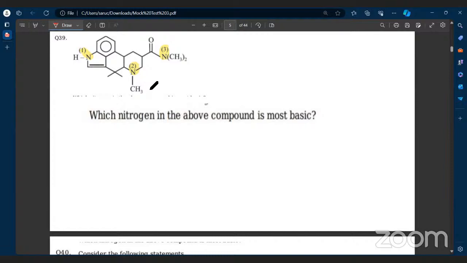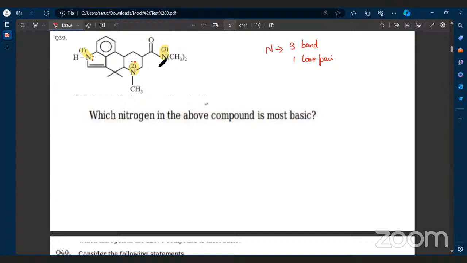It is because you can see this nitrogen will have a lone pair. We know that for nitrogen, you can have 3 bonding electrons and 1 lone pair. So you have 1 lone pair over here, here too you have a lone pair, and here too you have a lone pair.